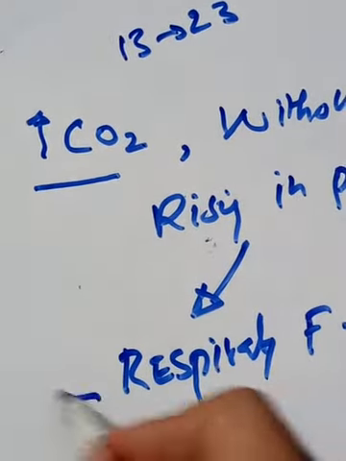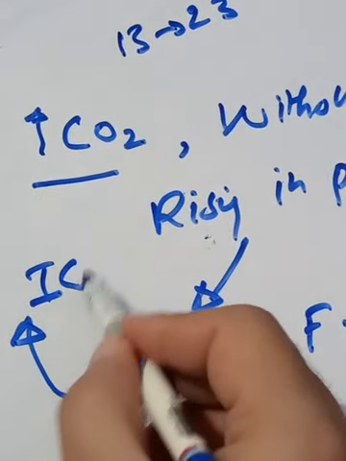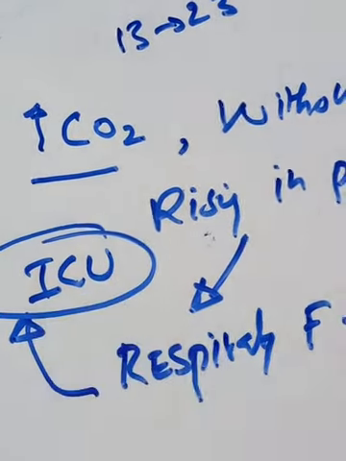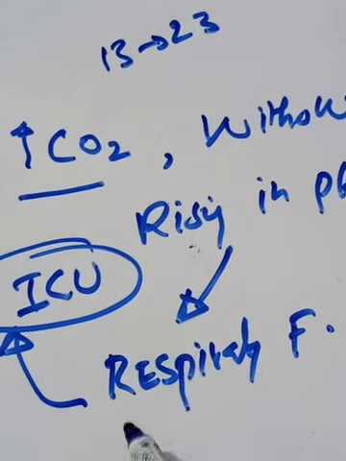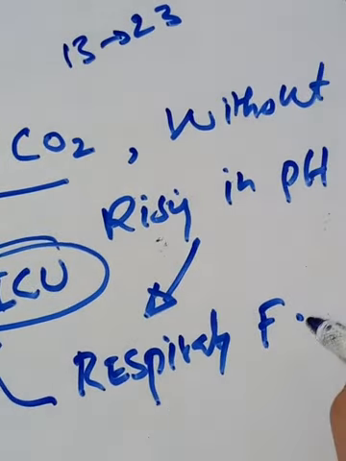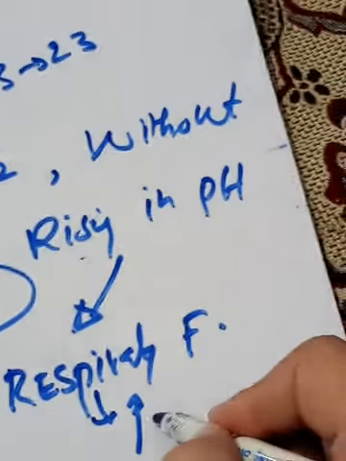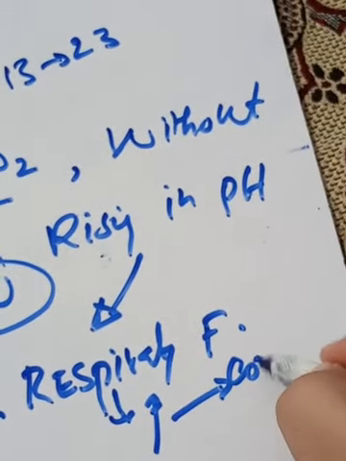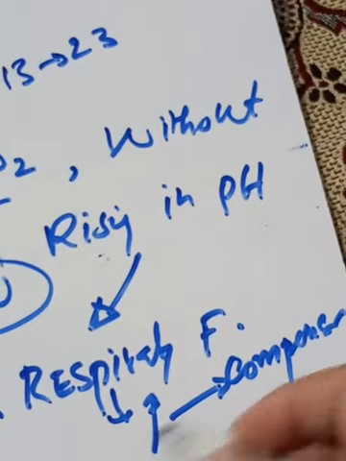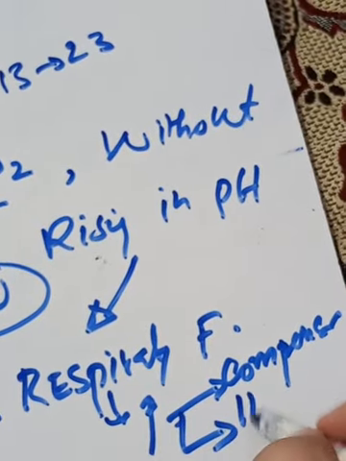What is your work now? ICU. Involve the ICU. Because he is having an increase in respiratory rate for two reasons. First one is a compensation for severe metabolic acidosis. Second one is hypoxemia.